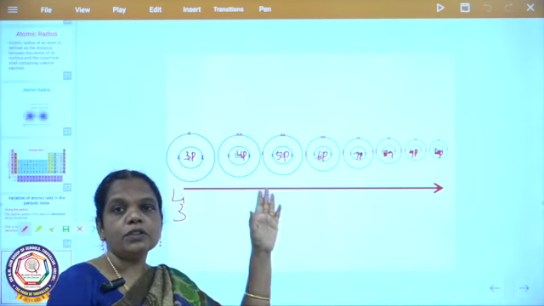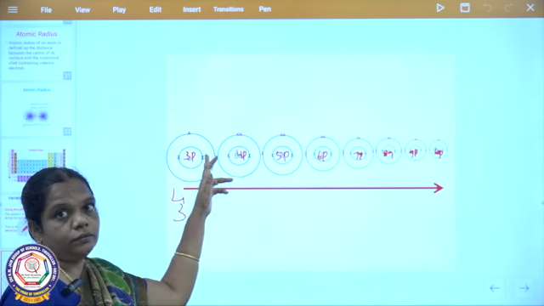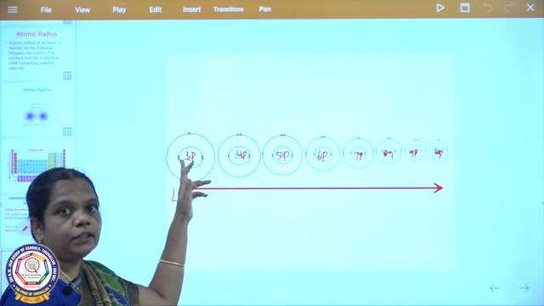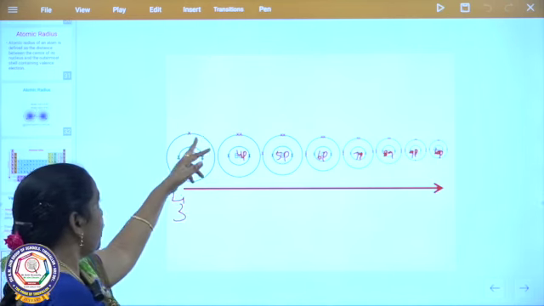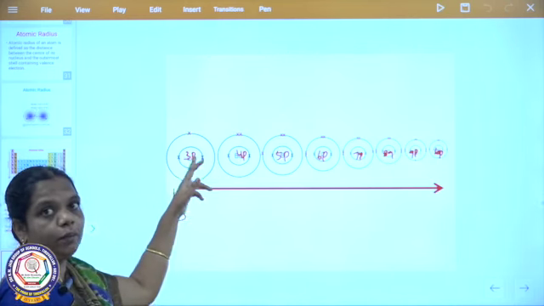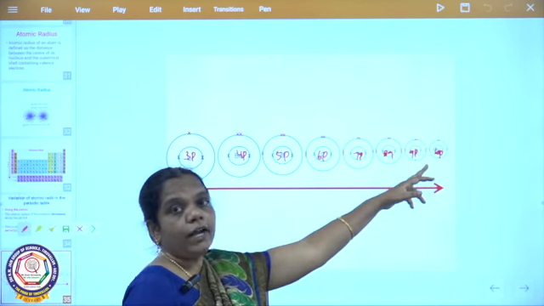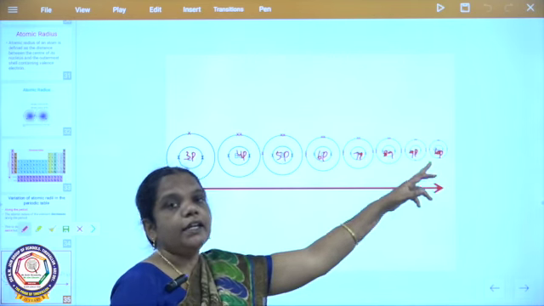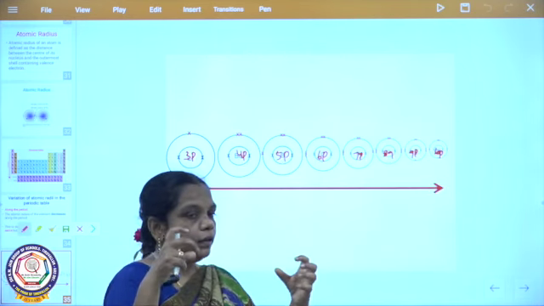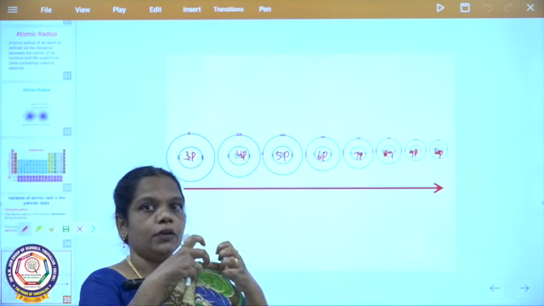Always there is a force of attraction between the protons and the valence shell. If the number of protons increases, the force of attraction between the nucleus and the valence shell increases. So, the electrons are attracted towards the nucleus.